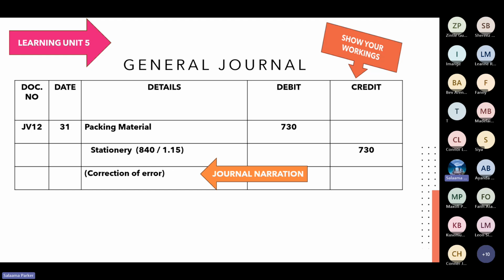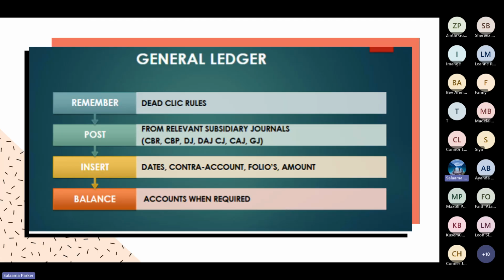So now we need to move on to, again, the general ledger. We're just going to summarize now the creditors control account. Again, remember your debt clerk rules. Remember you're posting from relevant subsidiary journals, could be cash book receipts, cash book payments, debtors allowance.